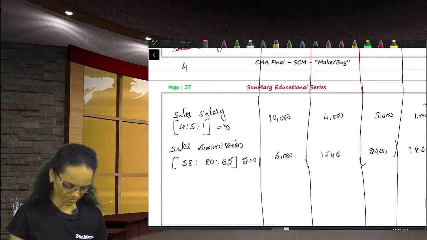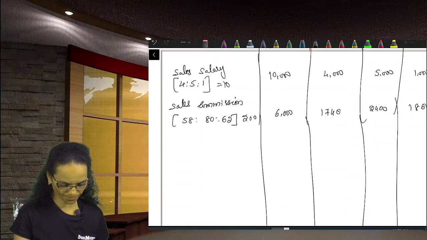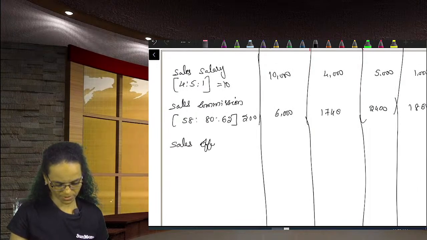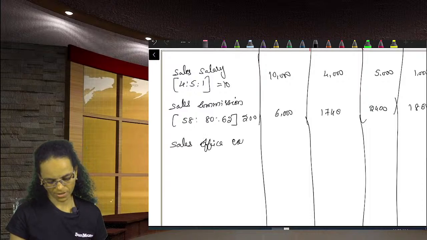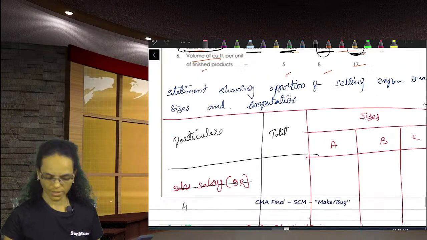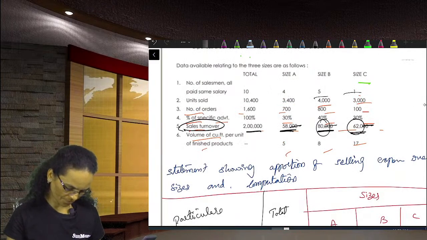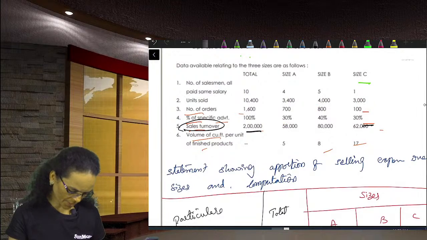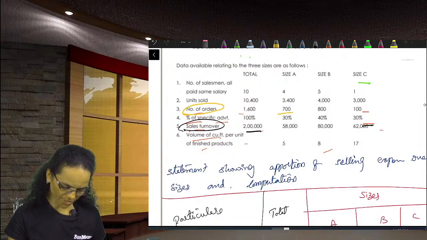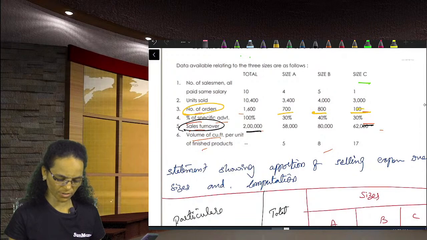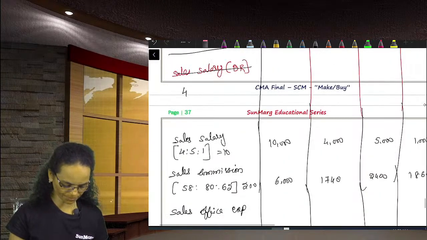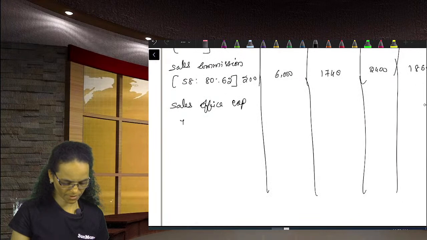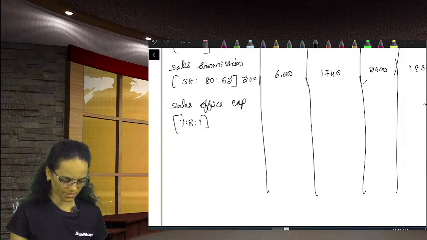Number of orders here given 700, 800 and 100. Zeros eliminate. 781. 7 plus 8 plus 1 is 16.